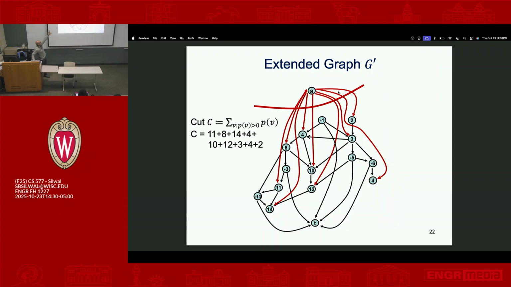That's why I'm subtracting from this. But for the negative ones, if I pull it to the side of S, I'm getting the negative profit, and that's going to be captured by this edge. Because if I pull this minus 13 to the S side, the edge that I cut is this one.